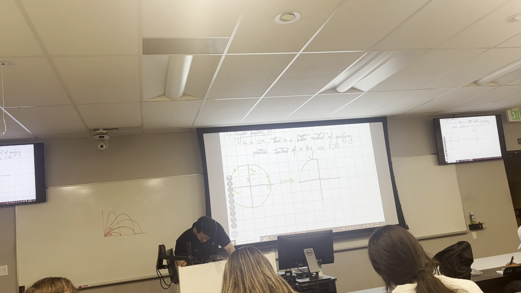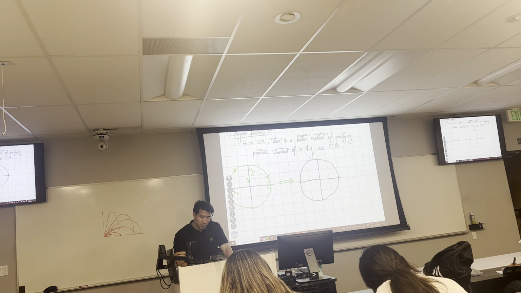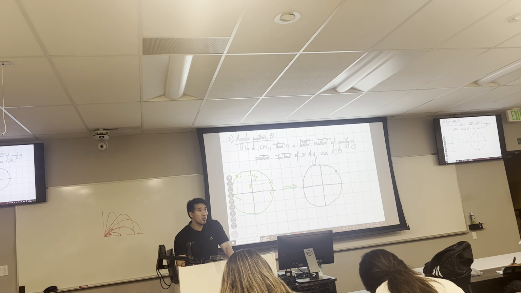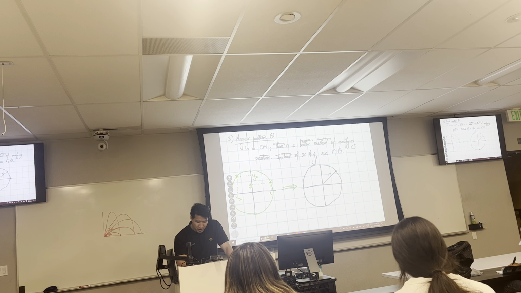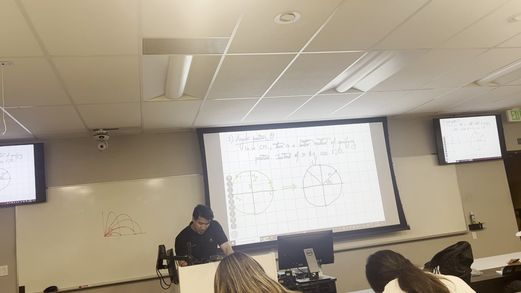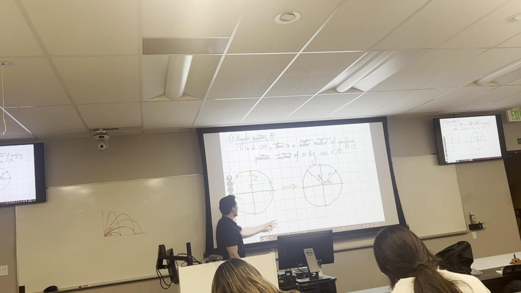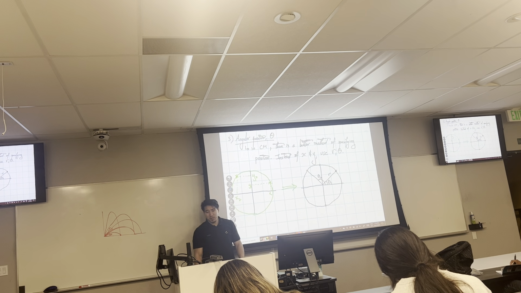So if it's here, you're at a certain r, and we'll call that theta 1. If you're here, you're still at r, you're just at theta 2. So one thing changes as opposed to two.